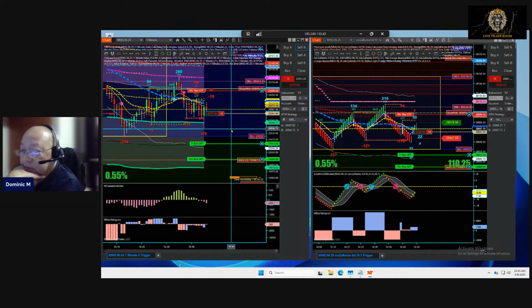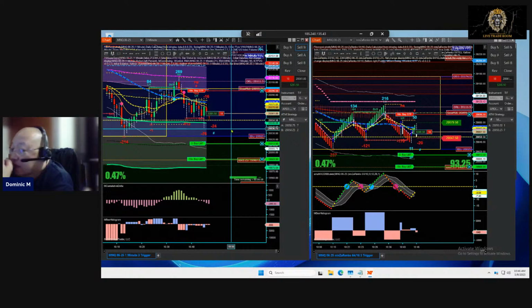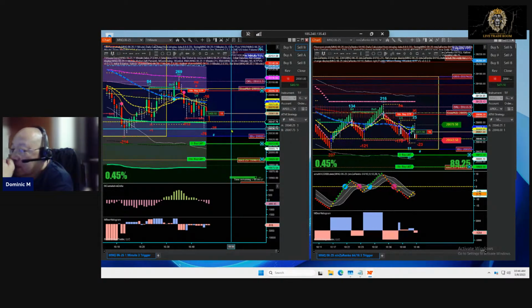Hopefully they close below. Six, five, four, three. They'll be closing below the previous candle, or they continue coming down. I think they knew there were a lot of people there waiting for that to come down. That's why they brought it back up.